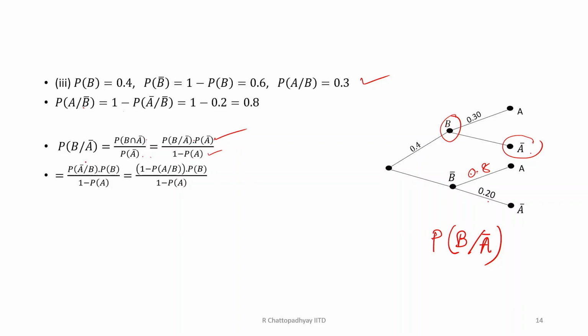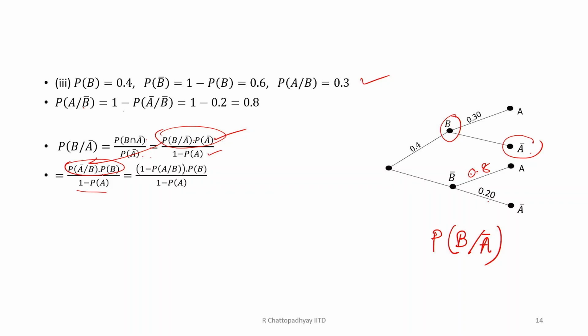Now this one again is replaced. This one is replaced by P(A bar given B) into P(B), because they can be interchanged. Denominator remains the same, 1 minus P(A).